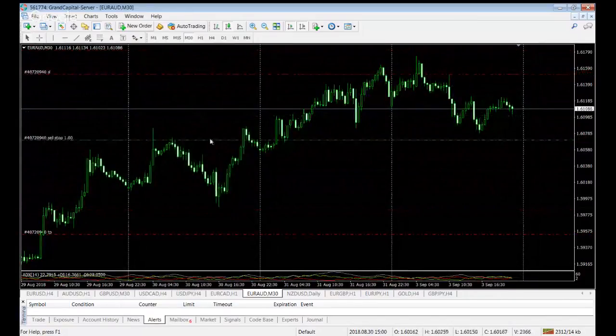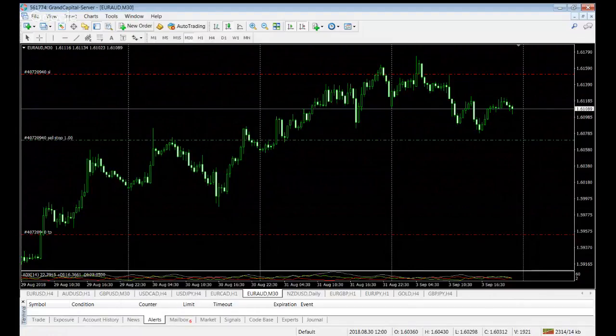Now the last one that we also discussed here is the trailing stop. You are simply using a trailing stop mostly when you have a rapid movement in the market that you need to take advantage of as the money is coming in.